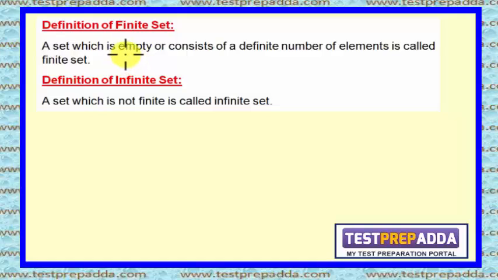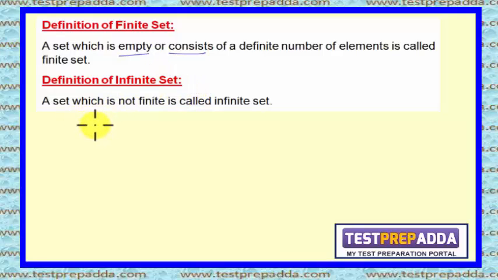A set which is empty or consists of a definite number of elements is called finite set. We talked about empty set, so empty set is nothing but a finite set. Finite set means a definite number of elements. Now what is infinite set? A set which is not finite is called infinite set.